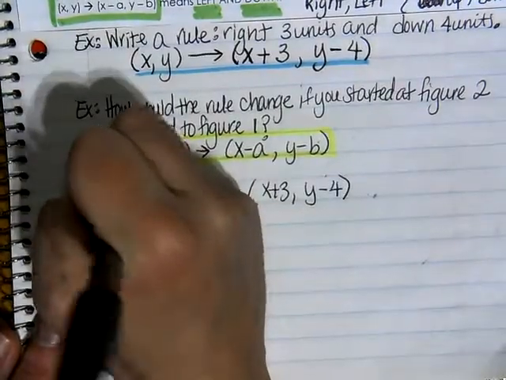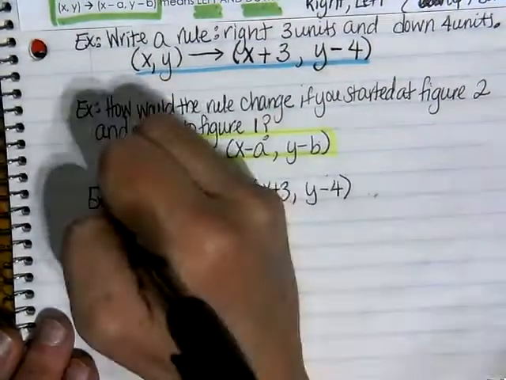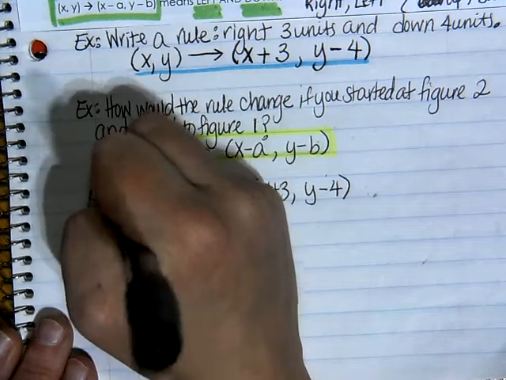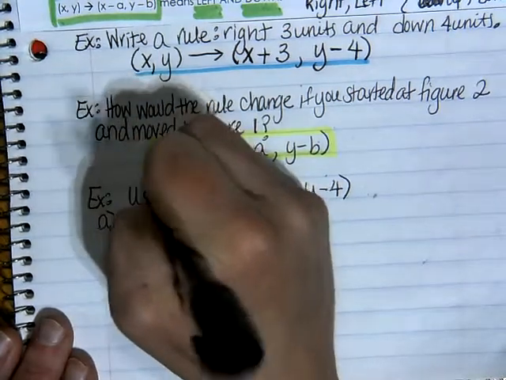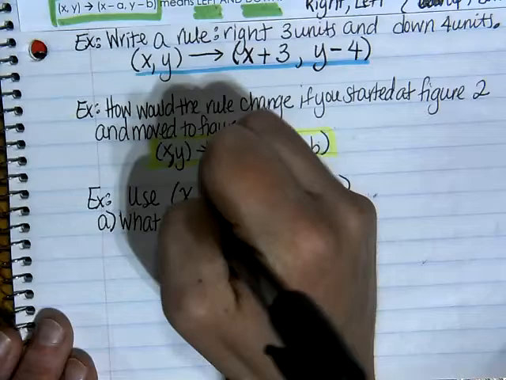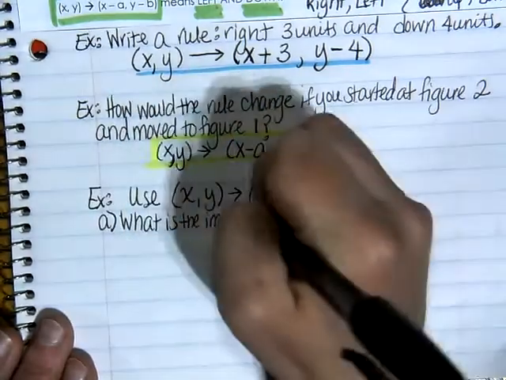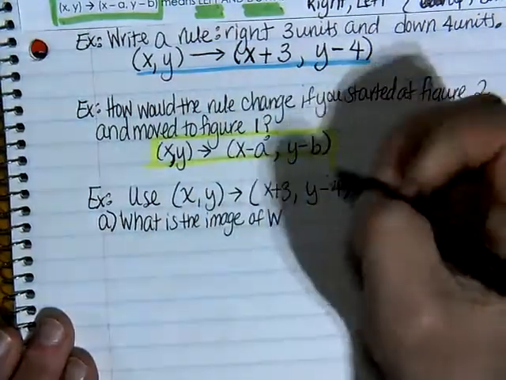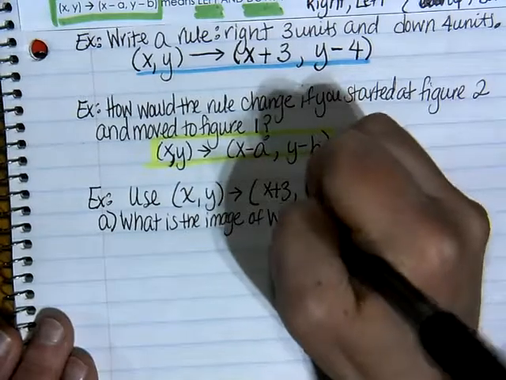For letter a, it's going to ask you, what is the image of W being located at 2, 5?